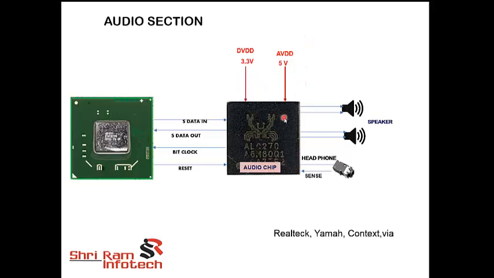You have to check both voltages on the pins of this chip. If the voltage is not coming, then you have to see why the voltages are not coming to this chip. If the voltages are there on the chip, then you have to replace the chip, and the problem will be solved. So in this way you can solve audio related issues.